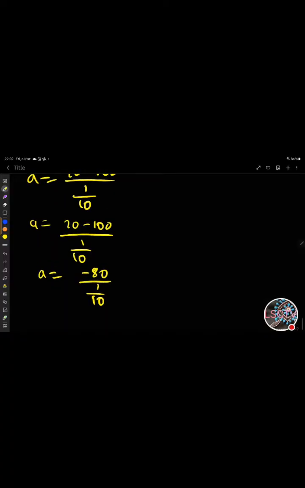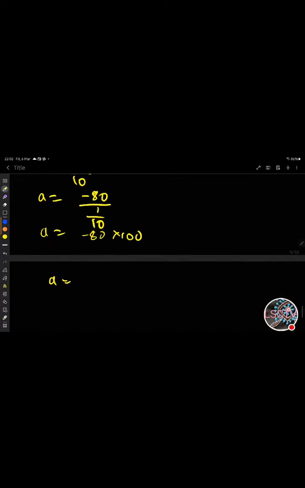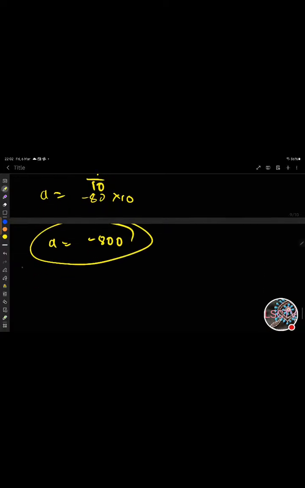So A is equal to minus 800. SI unit of acceleration is meter per second squared.